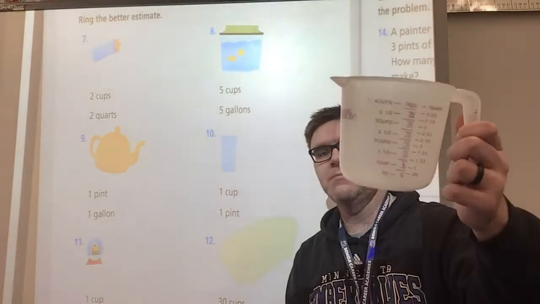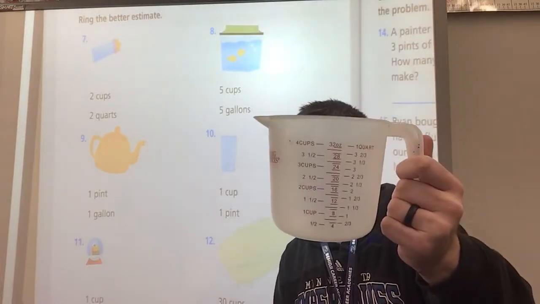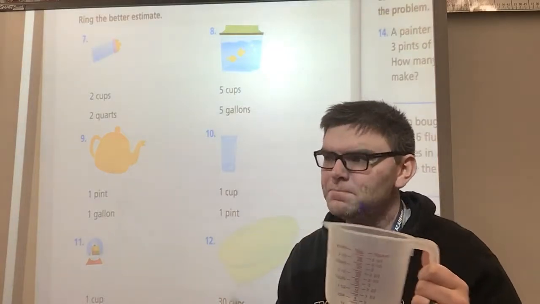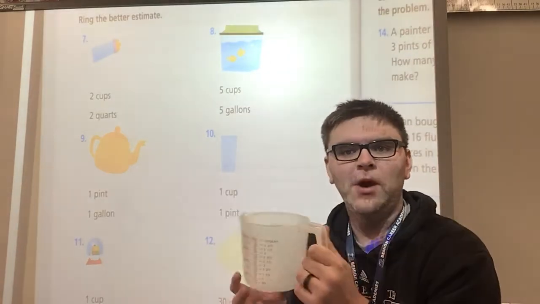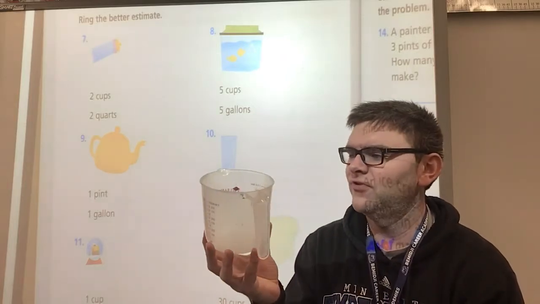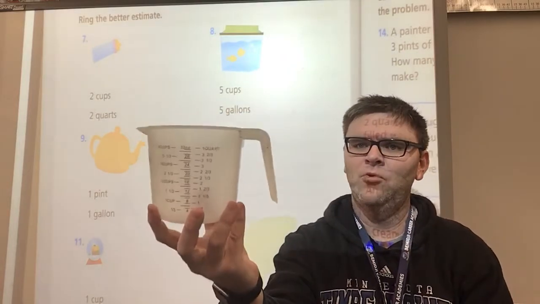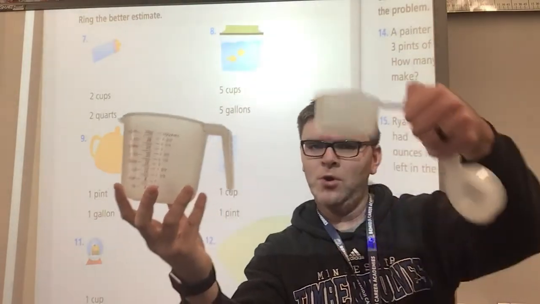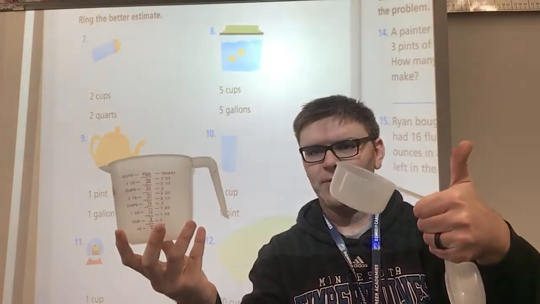Right here, a big measuring cup. There's a liter in there. That's the size, if you guys can think back to school days, of that big black water bottle that I usually drink out of during the day. That's about a liter. That's 32 ounces. That's the same thing that I'm holding right here. That's a liter. So you can see, obviously, that holds quite a bit more than our cup. So a bigger unit of measure with the liter.